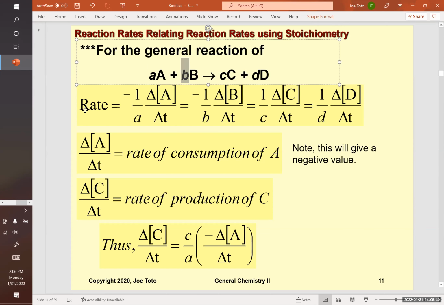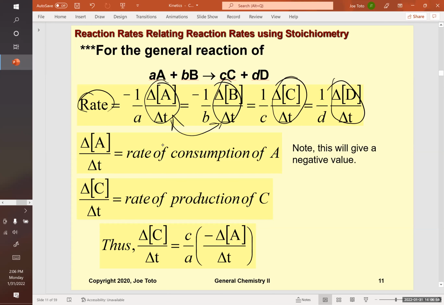And so then it will allow you to relate the rate of the overall reaction to the rate of consumption of any of the reactants or the rate of production of any of the products by using those stoichiometric coefficients. And so we'll go back to that on Wednesday, pick up from there. I'm going to break a little early, like 3 minutes, in case you guys have any questions.